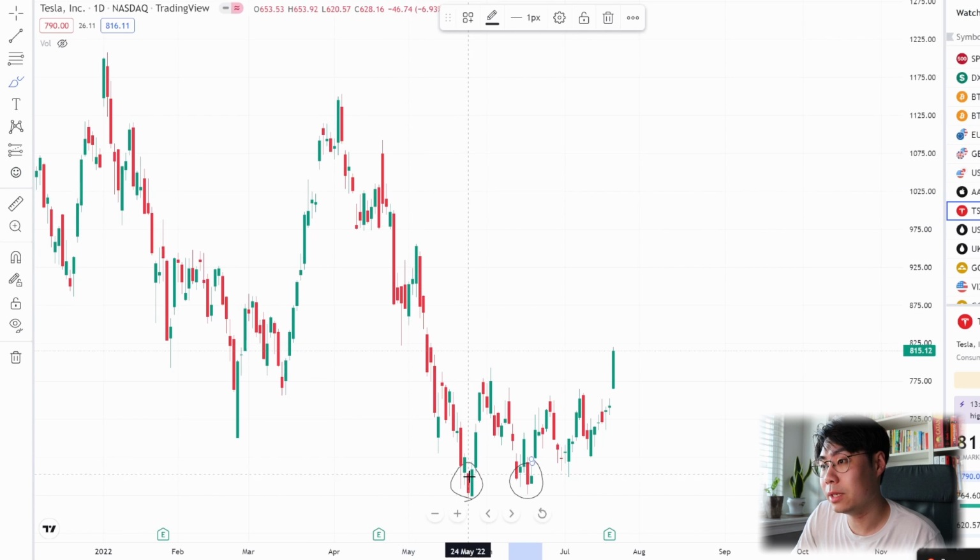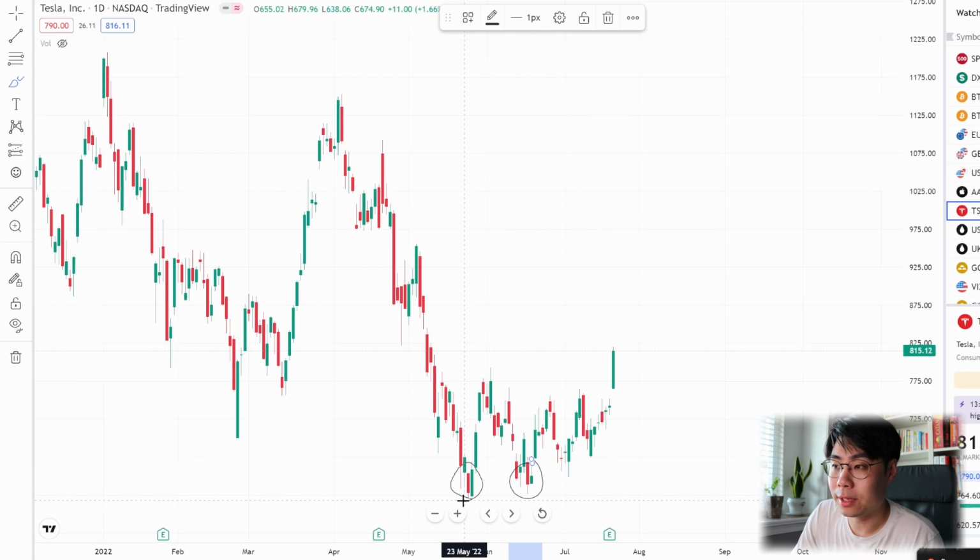There is a heavy downtrend on Tesla, and all of a sudden on this day, there is a huge push from the buyer side. The opening price is lower than the previous day's closing price. However, the buyers pushed it all the way back up, and the body of this green, bullish candle is actually bigger than the previous day's candle, right?